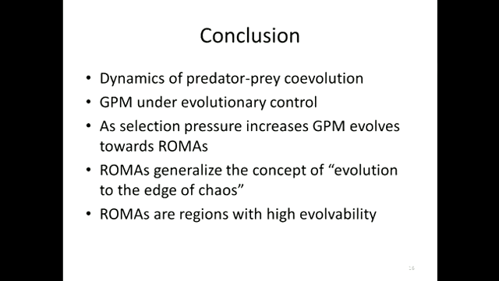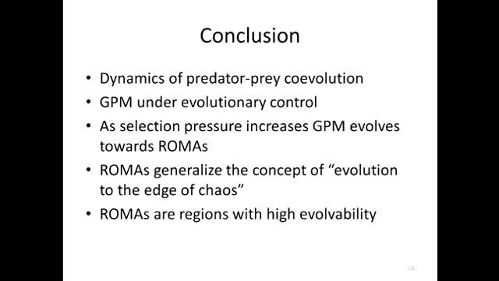And then the conclusion: what we studied here is a very simple model of the dynamics of predator-prey coevolution. When genotype-phenotype mapping is under evolutionary control, as selection pressure increases, the GPM evolves to its ROMAs, and now ROMAs generalize the concept of evolution to the edge of chaos. Because the edge of chaos is nothing else than a kind of space where there are a lot of different types of behavior. And that's what you see here.